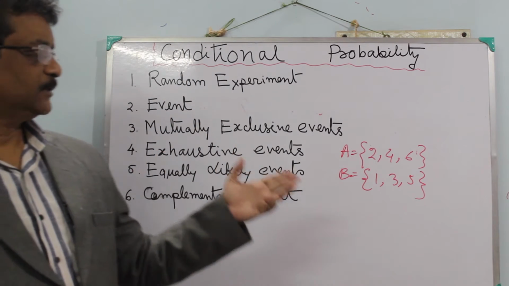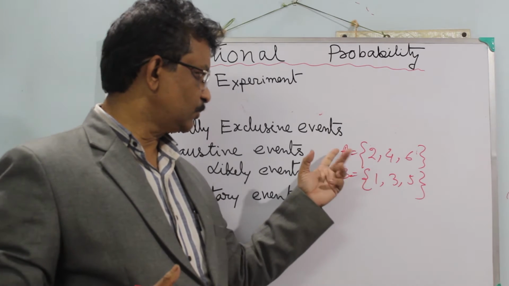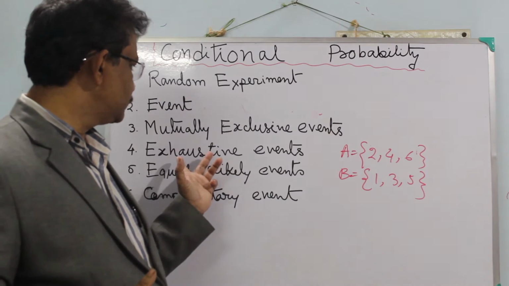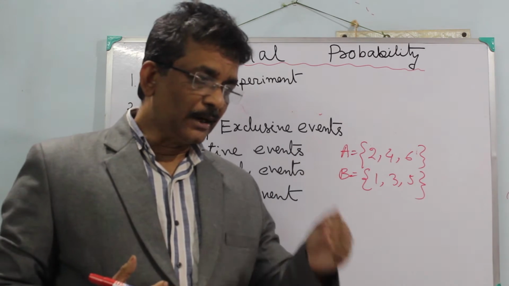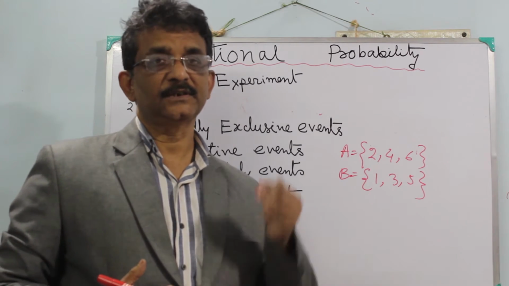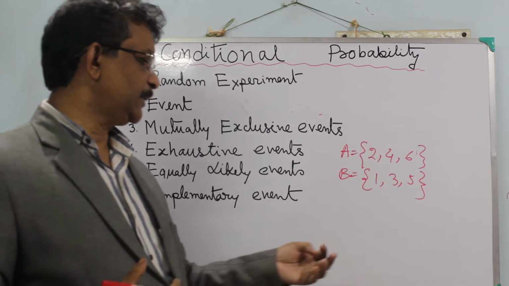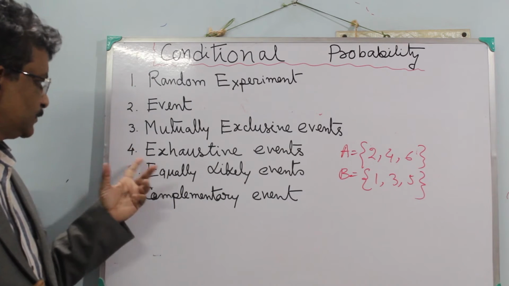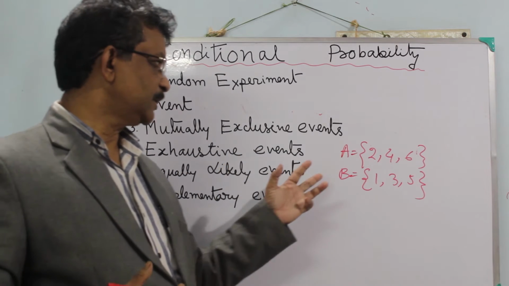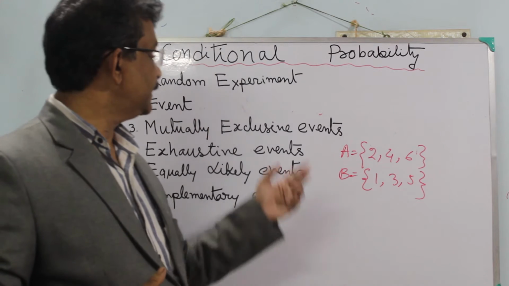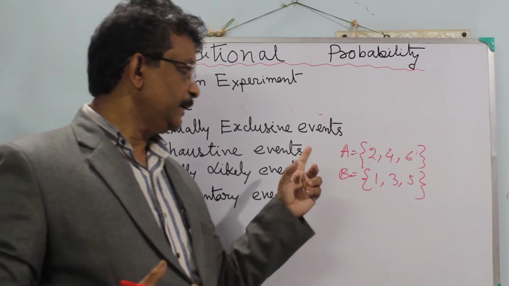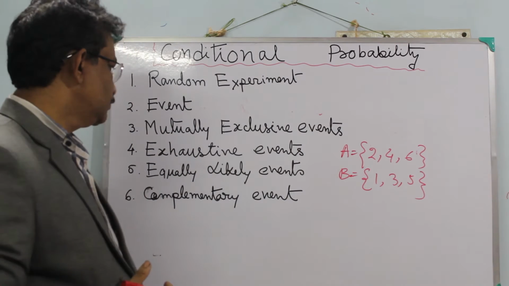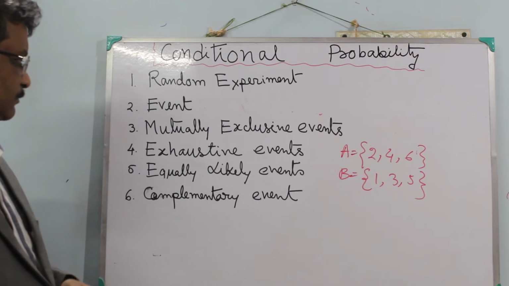So exhaustive events means a set of events are exhaustive if at least one of them must necessarily occur in a random experiment. If I toss a coin, either head or tail will appear.